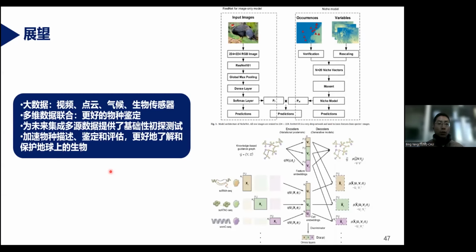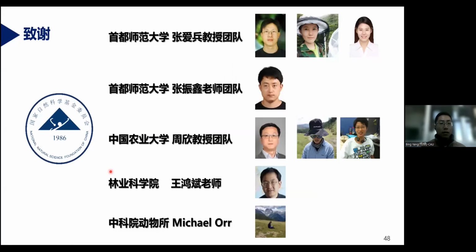And now we have a lot of big data, from different sources, including video, point clouds, climates and biosensors, and that can all benefit species taxonomy and identification. In the future, our model provides a basic preliminary test for future integration and to help with better species identification and to protect all the lives on Earth better before the species become extinct.